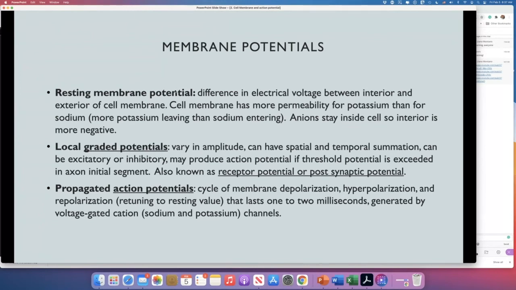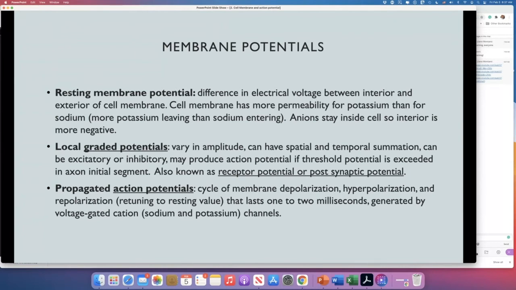There are different chemical, electrical and physical properties that influence that. But what we need to know is that there are more negative charges inside a cell when the cell is at rest than outside the cell. And the basis for this is that the cell has more permeability for potassium than for sodium.